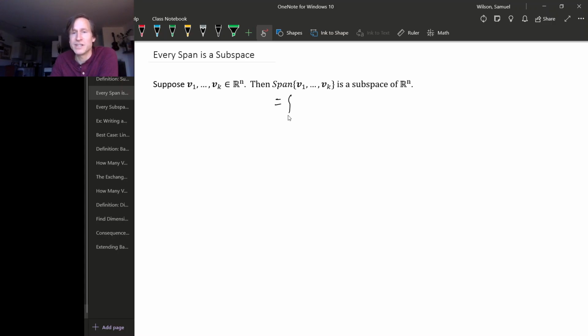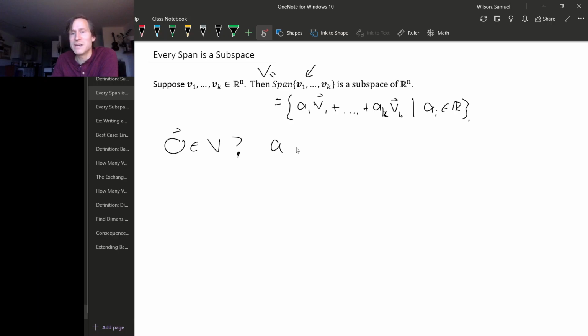The span by definition is just the collection of all linear combinations of these vectors, so a1 v1 up through ak vk, where all of these a's are scalars. They're all real numbers. So let's call this span capital V. To check that capital V is a subspace, first of all, the 0 vector has to be in capital V. So is that the case?